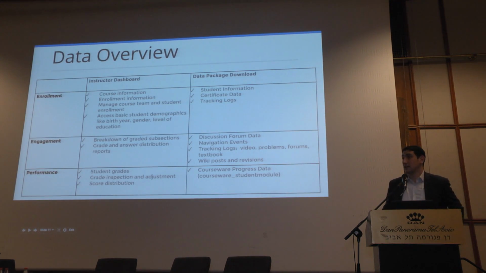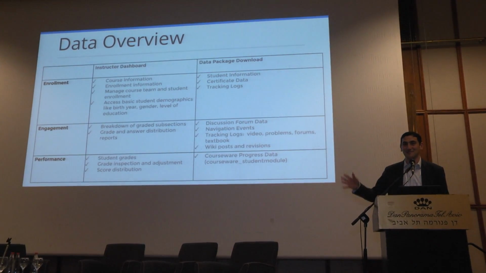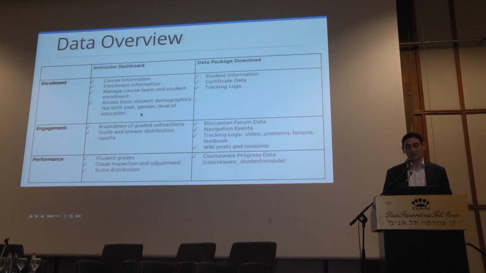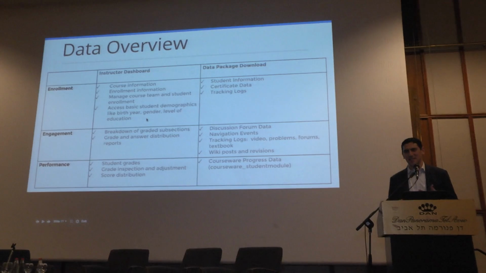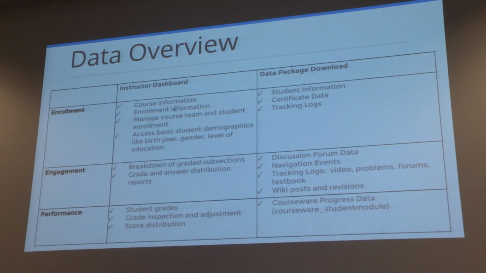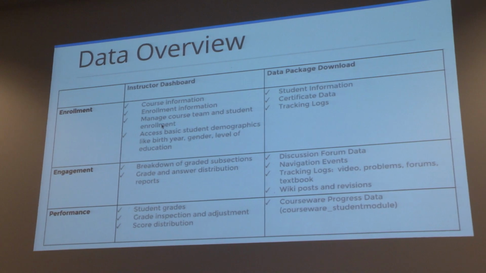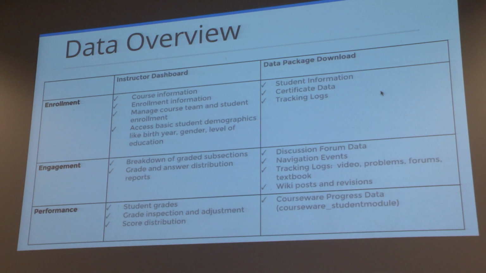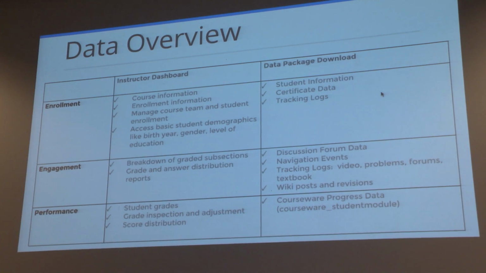The last slide, and of course we made one that's very difficult to read, so everyone has to squint and pay attention towards the end, is just talking about the different places where you can get data, because there are actually three places. There's Insights, which I showed you, the instructor dashboard, where I showed you some of that information, and then finally what I talked about at the beginning of the day, the information from a data package download.